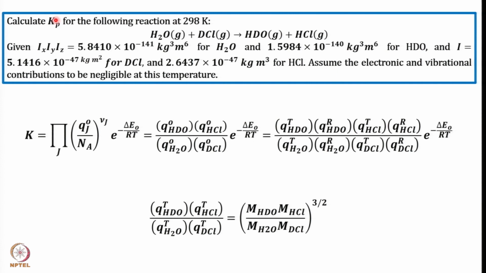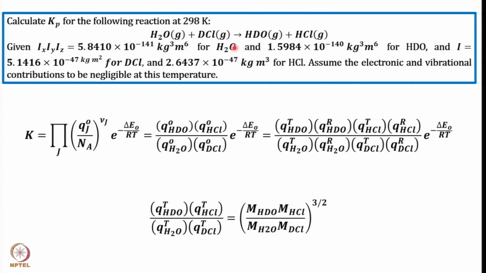The given information is in terms of moment of inertia. Ix times Iy times Iz is 5.84 into 10 raised to the power minus 141 kilogram cube meter to the power 6 for H2O. You are also given this number for HDO.